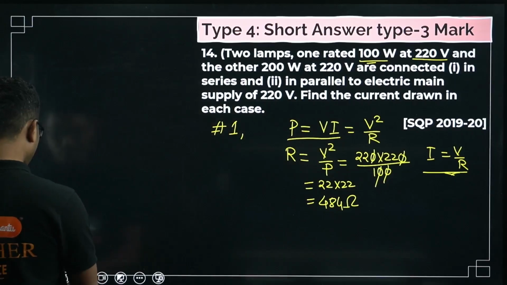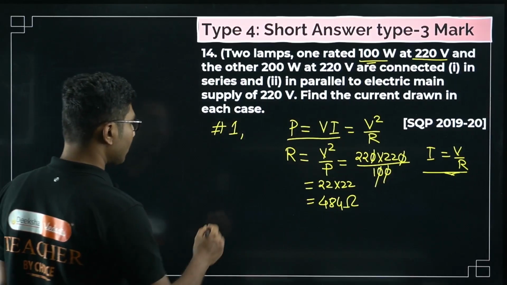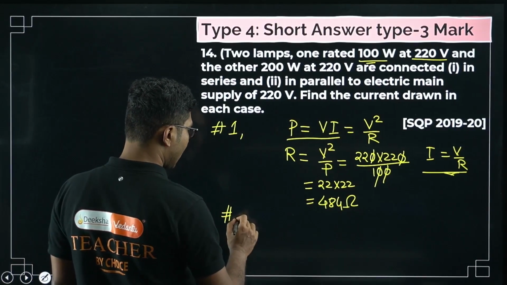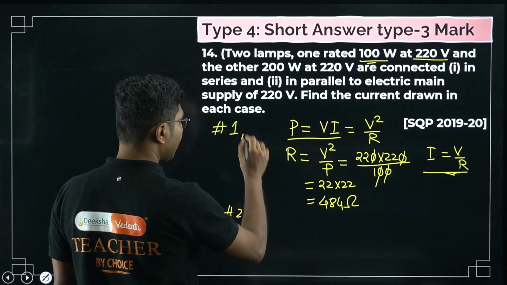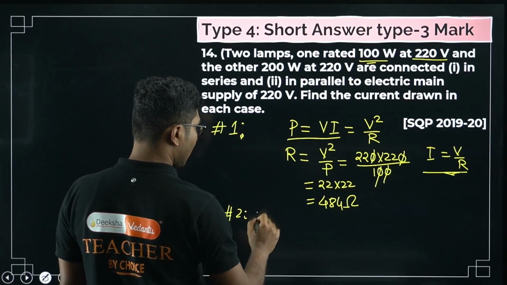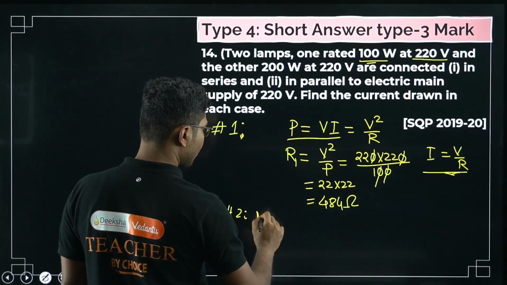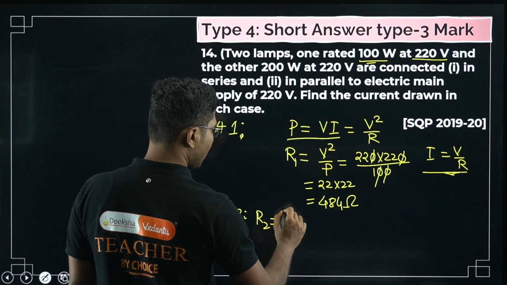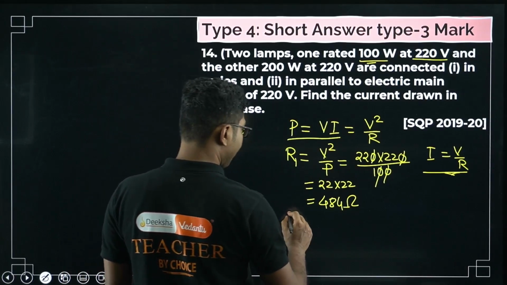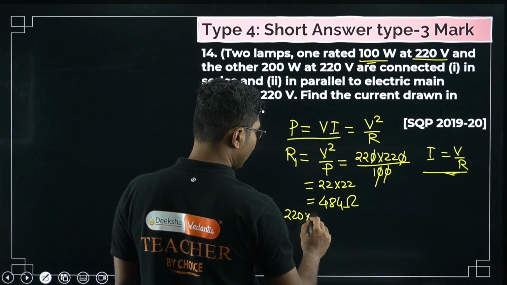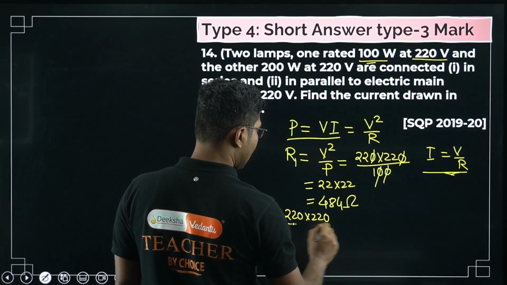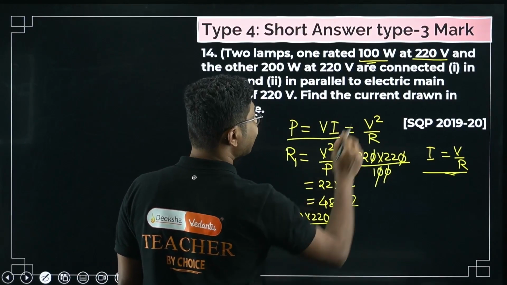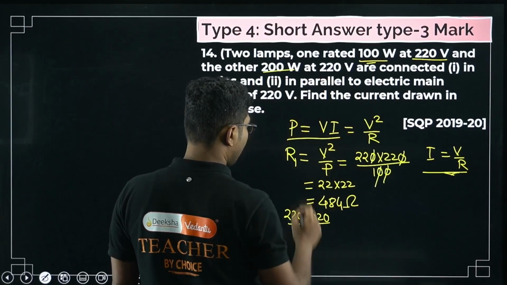Now for bulb 2, I can simply use the same formula. I don't need to derive the formula again. So this is R1, say R2 is equal to V, which is the same, 220 into 220, and power in this case is 200 watt.